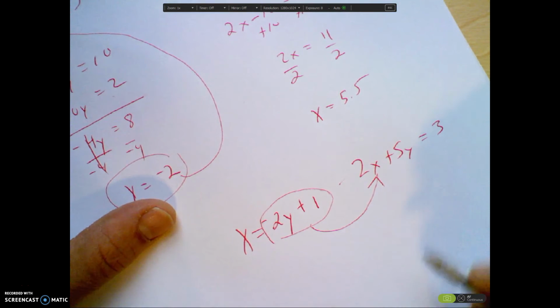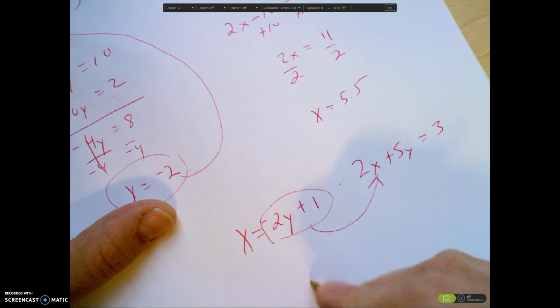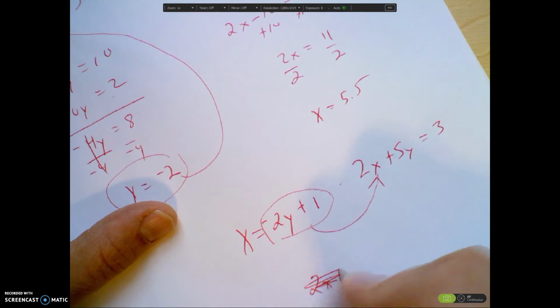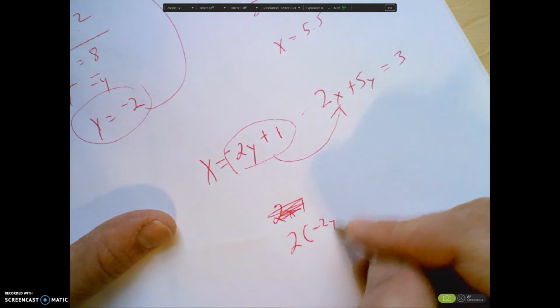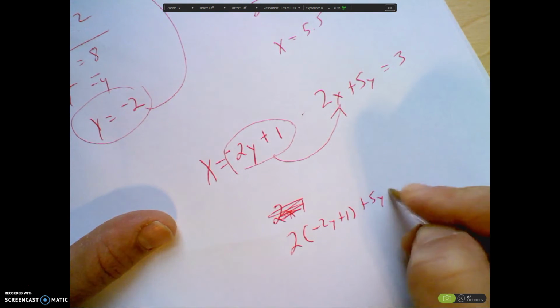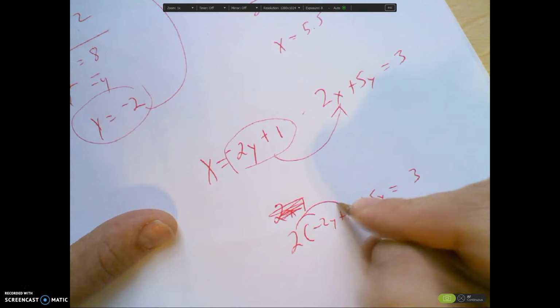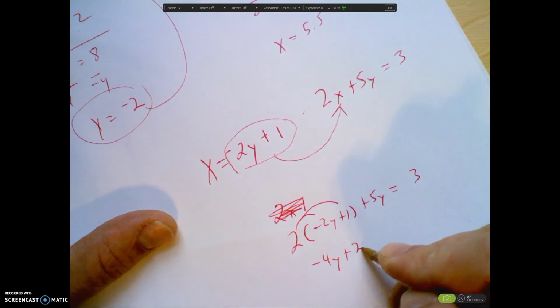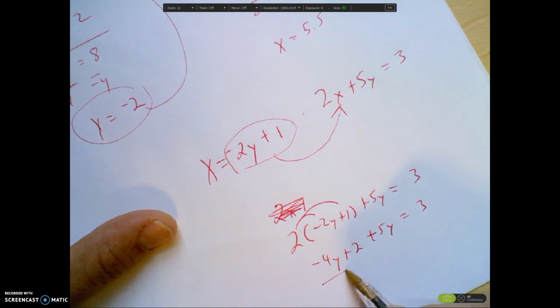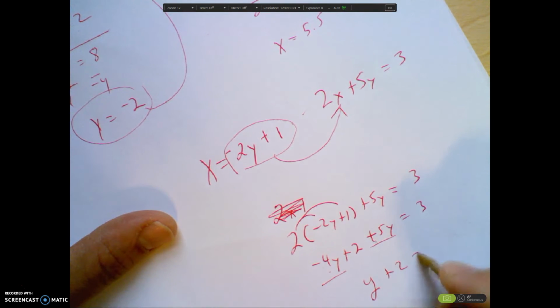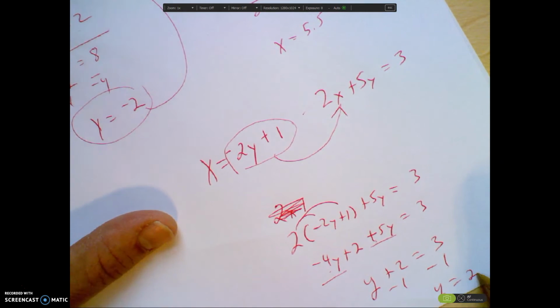And the key to substitution is being neat. So I have 2 times negative 2y plus 1, plus 5y equals 3. I'm going to distribute: negative 4y plus 2 plus 5y equals 3. Combine like terms, and negative 4y plus 5y is just y. Plus 2 equals 3. I'm going to subtract 2 from both sides, and I get y equals 2.